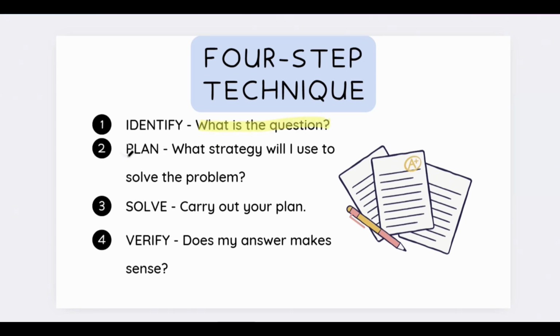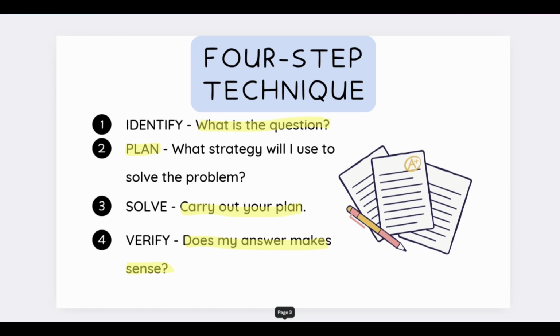Then you may want to come up with a plan, and the strategy that we're going to use in this video is to draw a picture or diagram. You then want to carry out your plan to solve the problem. And the most important step is to verify your answer. Does my answer make sense?